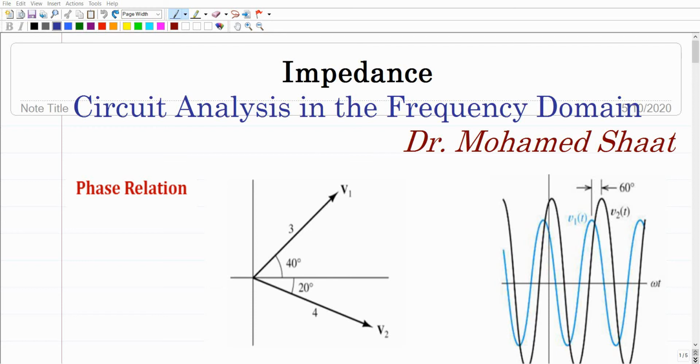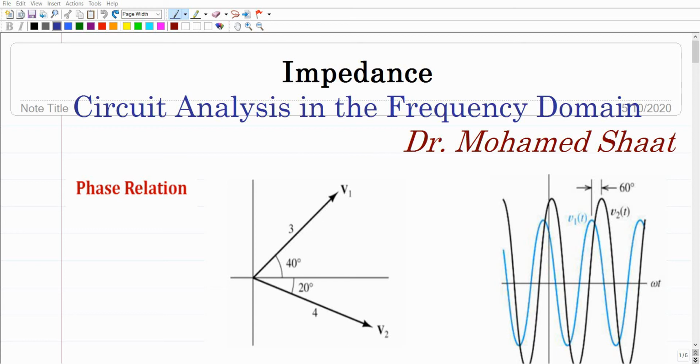This method depends on converting the electrical circuit into another domain, which is known as the frequency domain. We found difficulties in doing analysis of the electrical circuit in the time domain, so we can figure out another approach which depends on forming phasors. Your objective is just to convert all the components, the voltage and the current through the electrical circuit, into phasor form.